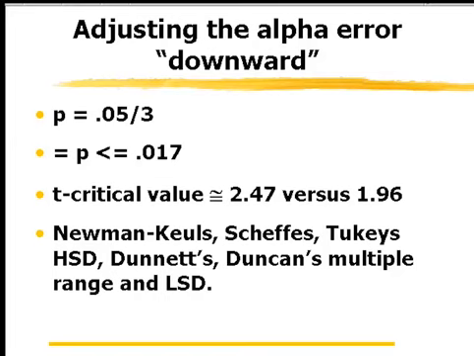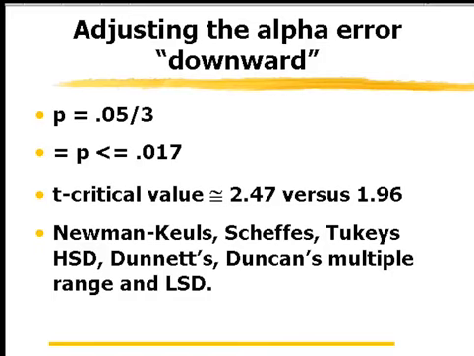So in this instance, you take the 0.05 alpha error rate divided by 3, and the probability value then is equal to or less than 0.017. So we go to our tables of critical values in the t-test, and in the book it told us that the t critical value is approximately 2.47, rather than 1.96 as it would have been with the p of 0.05.